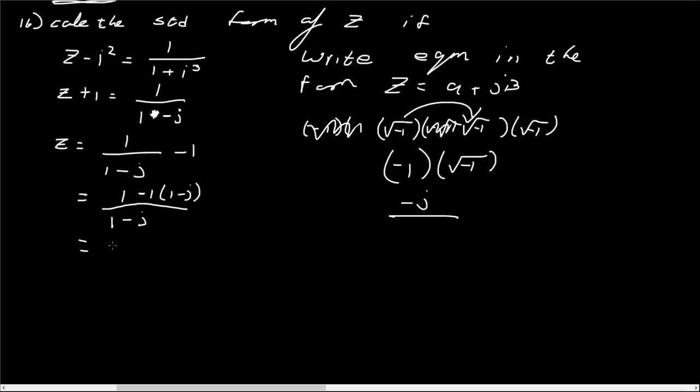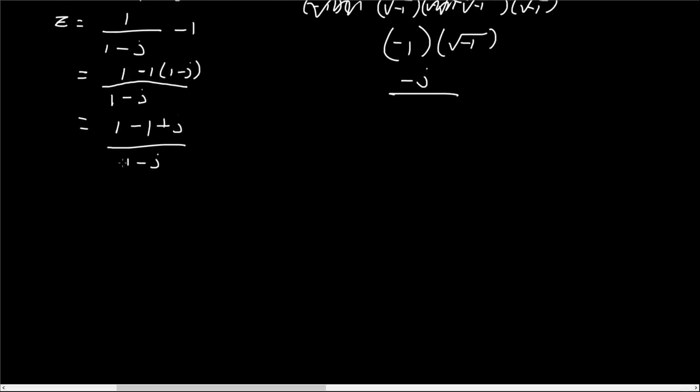So z is equal to 1 minus, multiplying out the top, 1 minus 1 plus j over 1 minus j. Yes, that's correct. The 1 minus 1 cancels out, and we're left with j over 1 minus j is equal to z.